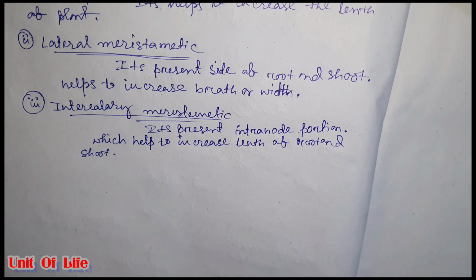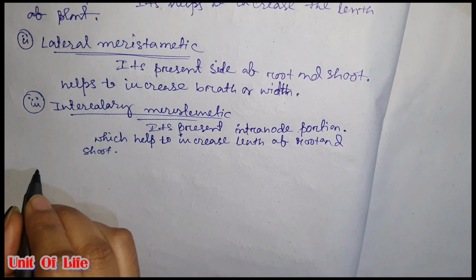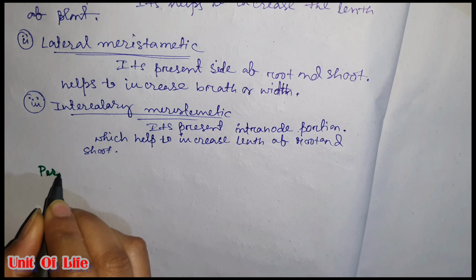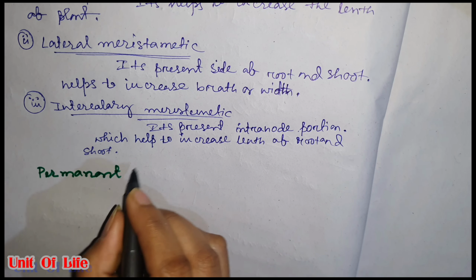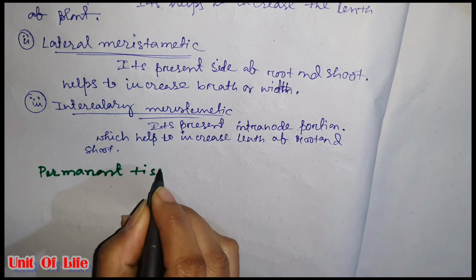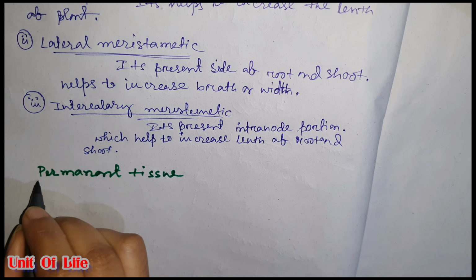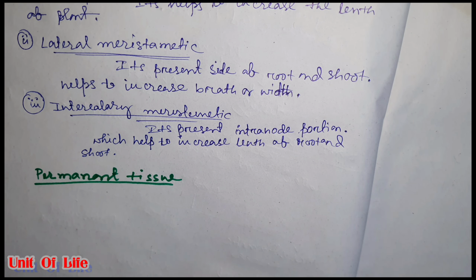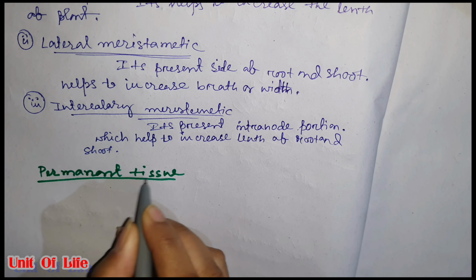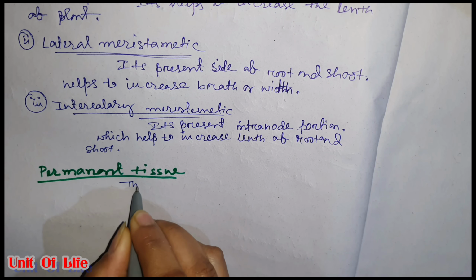It is responsible for the increase of the thickness of the root and stem. And third, intercalary meristematic tissue. It is present in the internode portion of the plant, and it helps to increase the length of root and shoot.